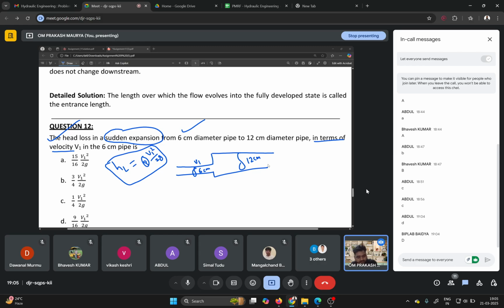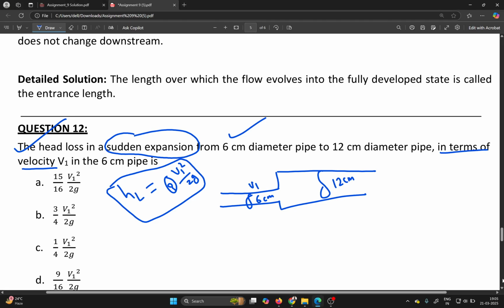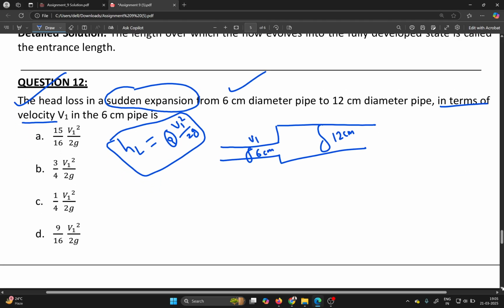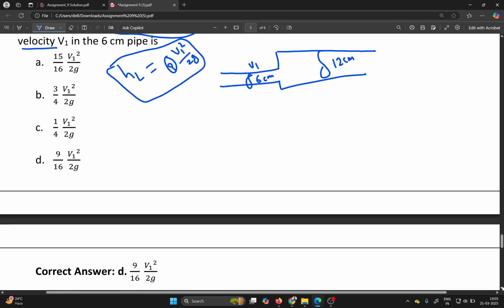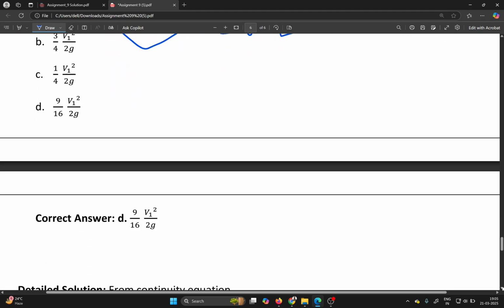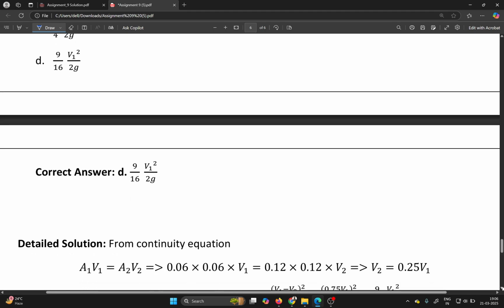Okay, whether the answer is D or whatever, let us solve. The formula you all know. Option D is correct here, you know already.